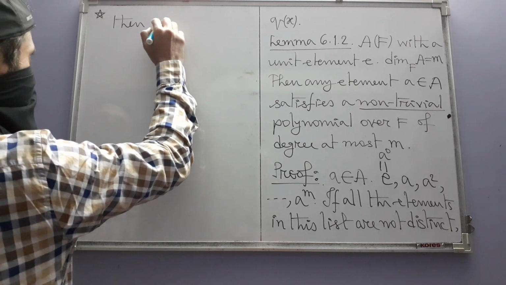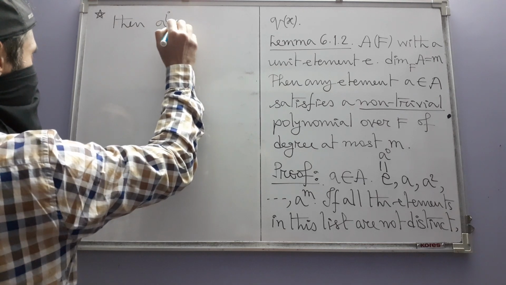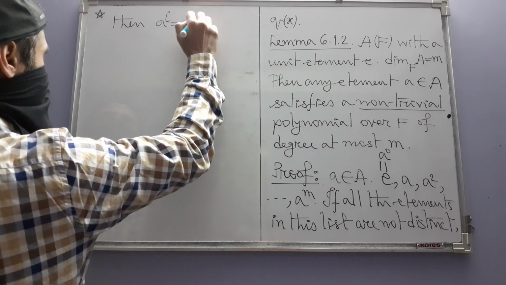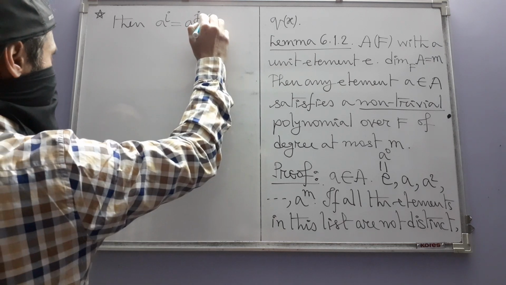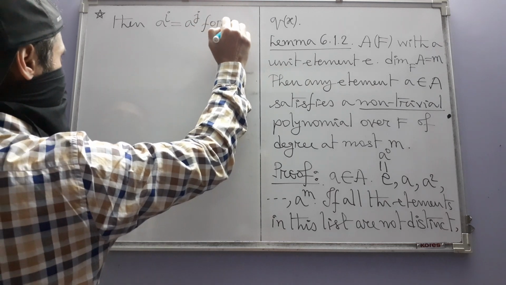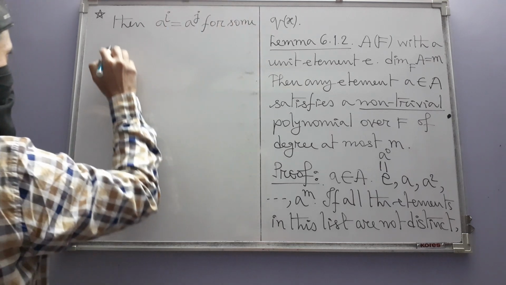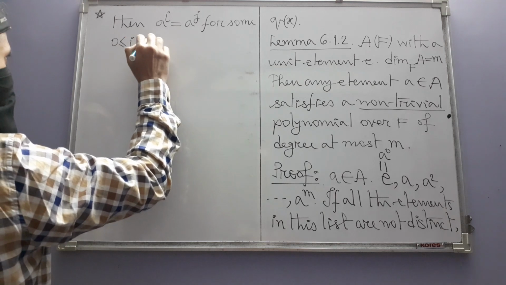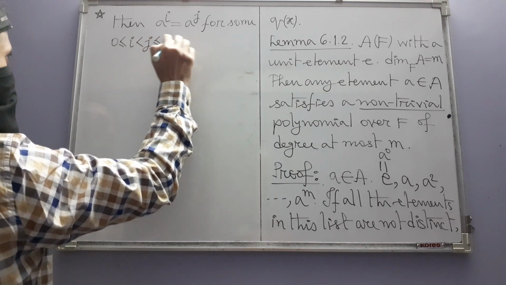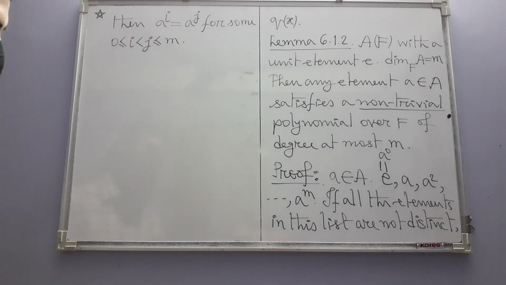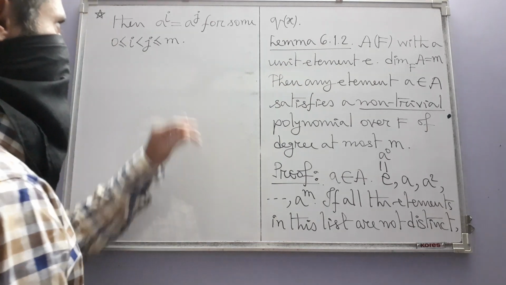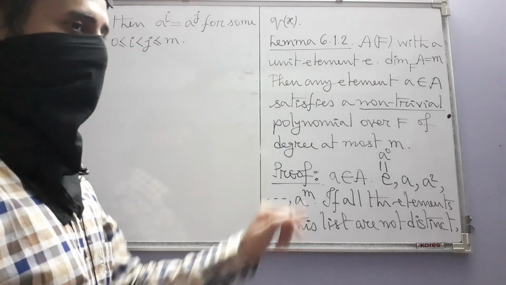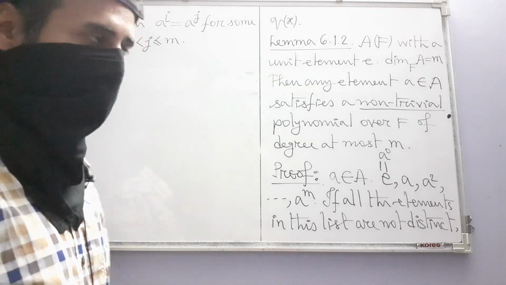Then of course some A to the power i is equal to A to the power j, for some integers i and j satisfying these inequalities, that is, i and j are distinct, but the ith power and the jth power of A are equal.